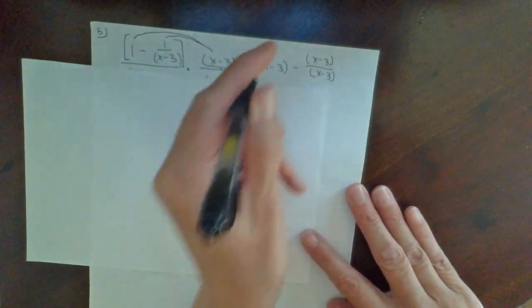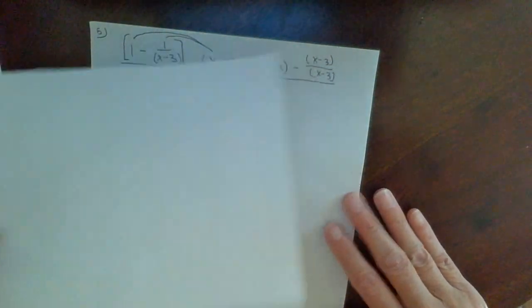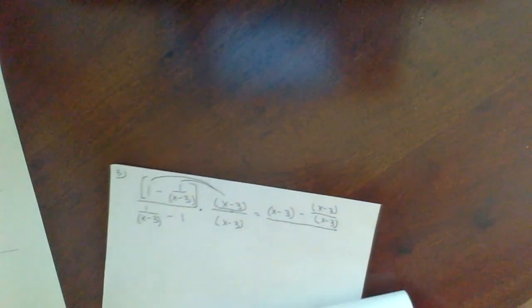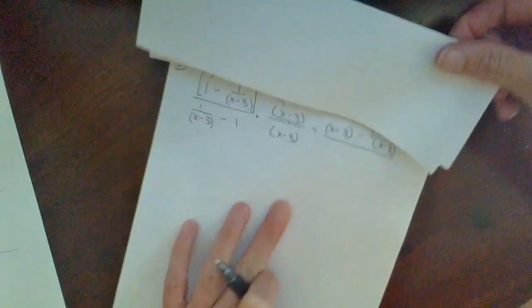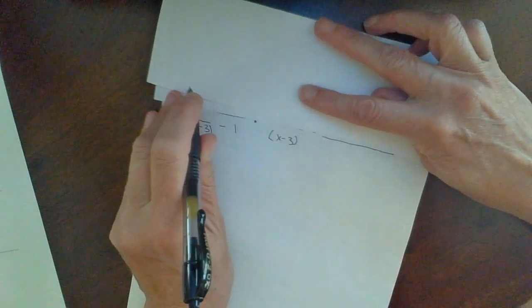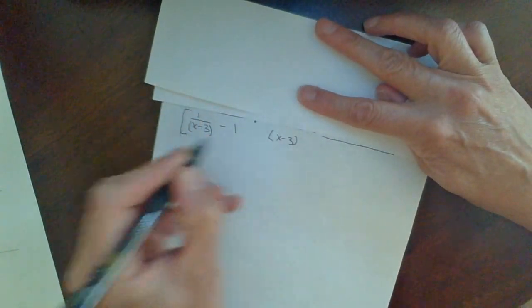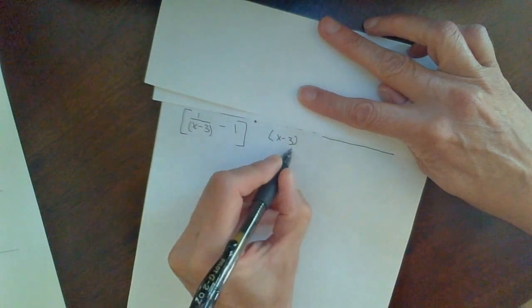Okay, that's the top, so I'm going to put the fraction bar there, and I'm going to cover these so that they don't confuse us. Then we're going to try and do the same thing on the bottom. Okay, let's look at the bottom. Putting these brackets around it again. I'm multiplying 2 terms by x minus 3.